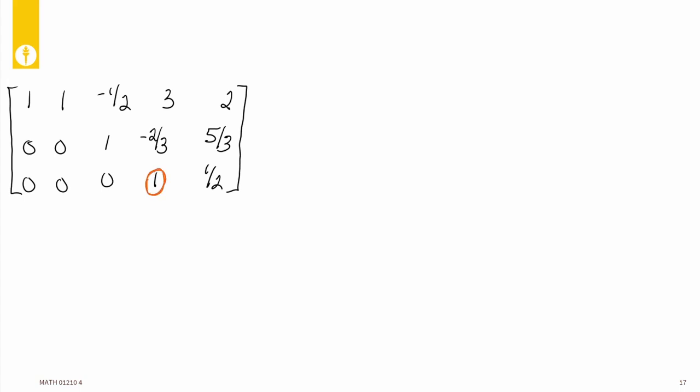All right, so we're looking at that entry, and we're going to zero out the 2 entries above it. Notice what's going to happen when we do that. For this matrix, only those 2 entries are going to change, right? Because everything else is 0.